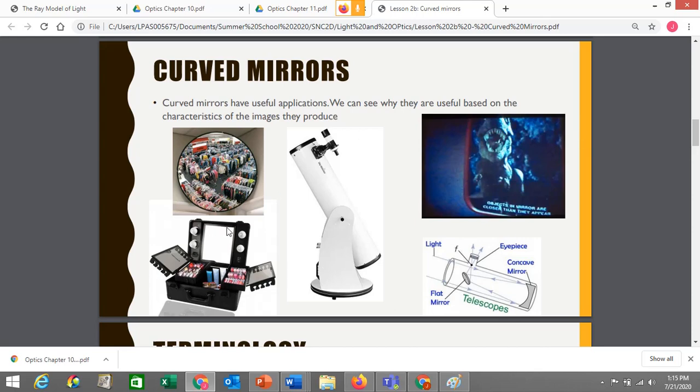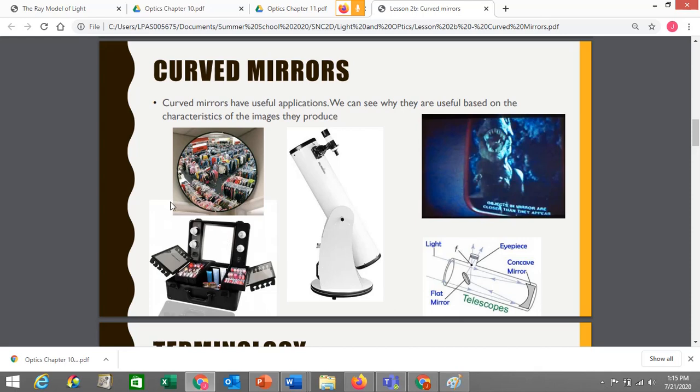So, for example, I kind of alluded to this before. If you have a makeup case, you want to look at your face, or if you have a hand mirror, it might help to have something that makes your face look bigger, so that you can notice small things if you're applying makeup, or if you're examining your face and looking for something, then that might be useful.